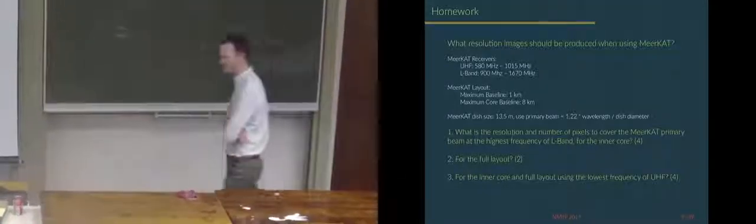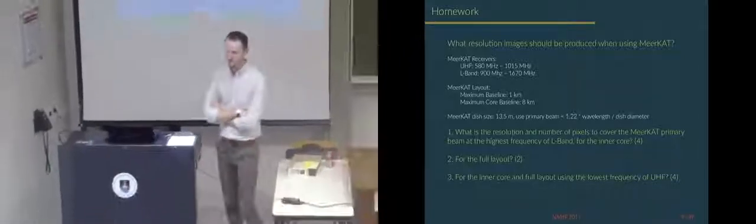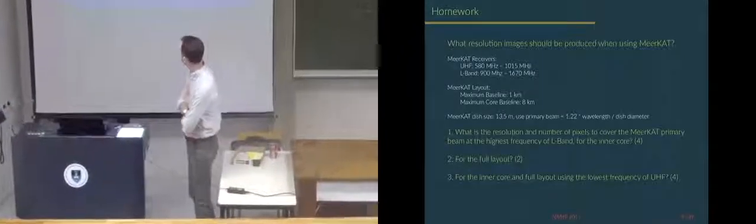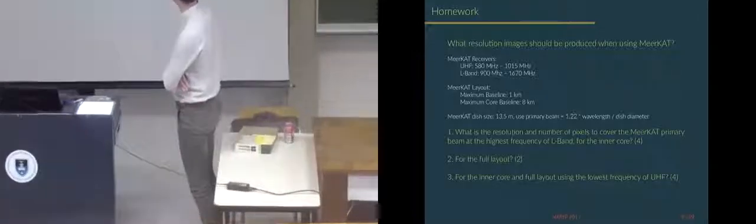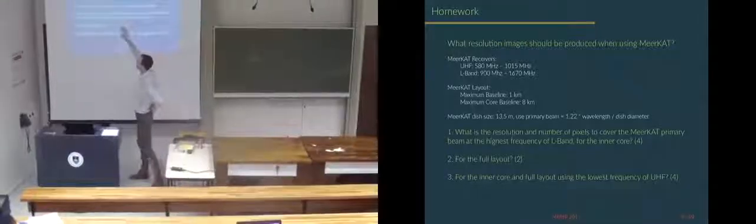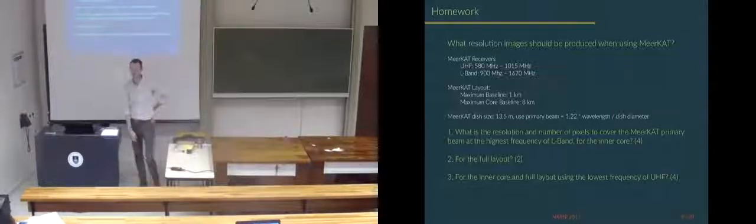For the full layout, there's this inner core, which is 1 kilometer, and all you have to do is work out those numbers for that. Then instead of the inner core, you do the maximum baseline, which is 8 kilometers.